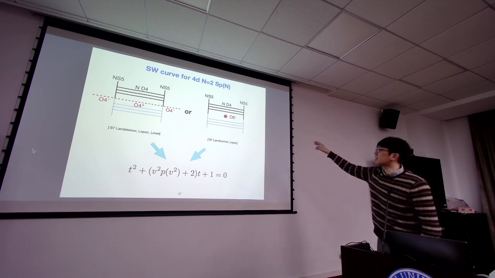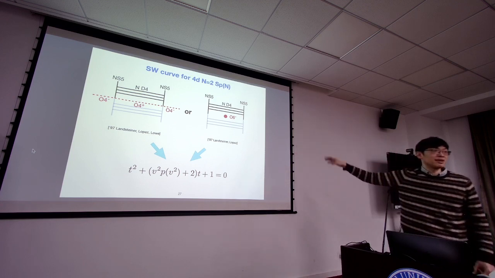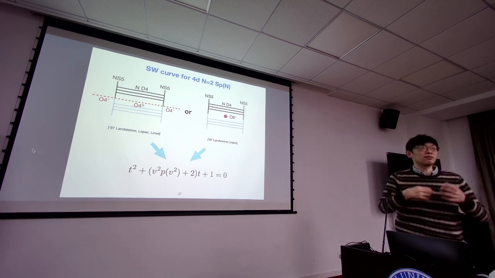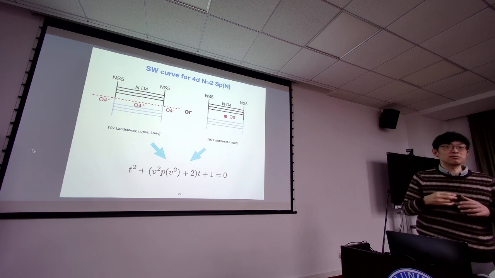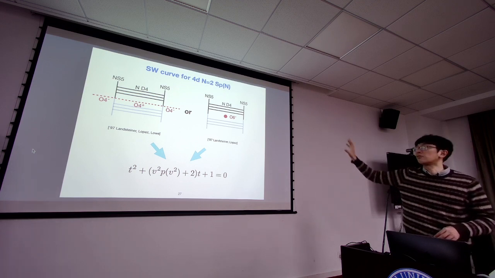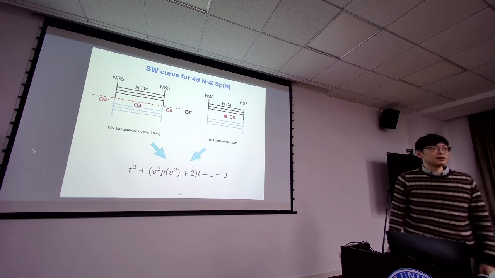Sorry, this is O6-, but they also did O6+, and at this stage I think the uplift of this O6 to M theory was known, at least in that context. There was enough information to find the Seiberg-Witten curve.